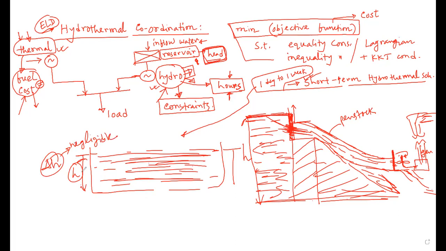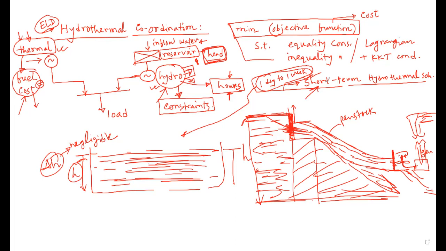There will be some change, of course, because some water is used by the hydropower generating system, but that is negligible for this 1 day to 1 week duration, for the short-term hydrothermal scheduling.